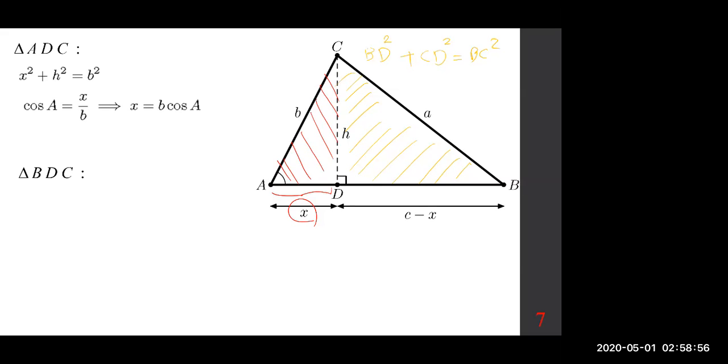Now, what is BD? BD is C minus X. What is CD? H. What is BC? A. So this is the formula. I hope everybody is following that.